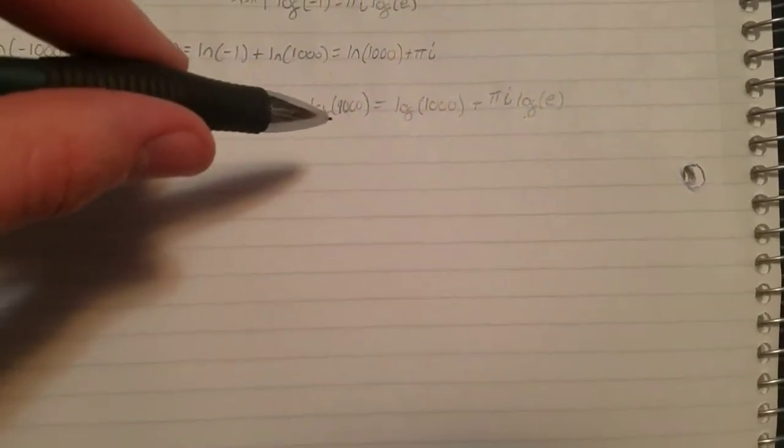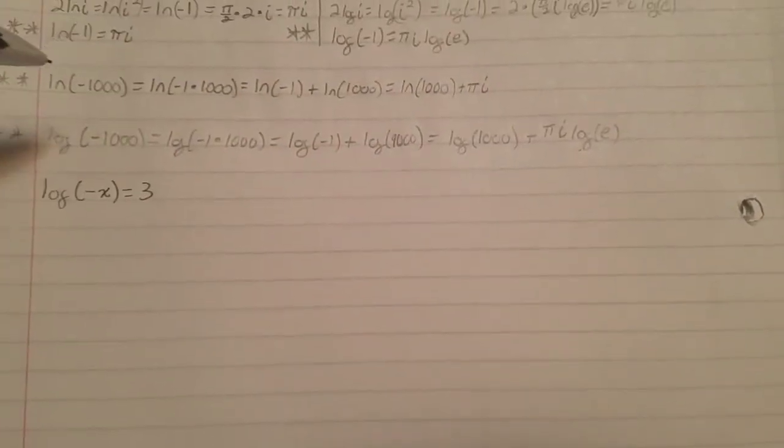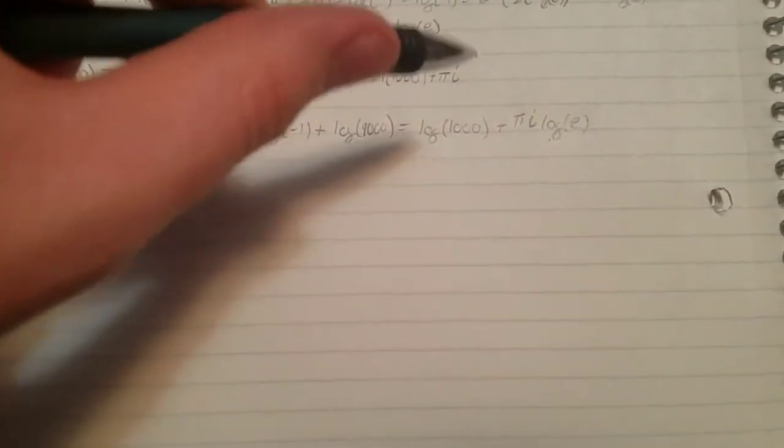That's log 10, log 10, log 10. So this one is log base e. So then it would just be log base e of e, which is just 1. So that's the reason we don't have that at the end.